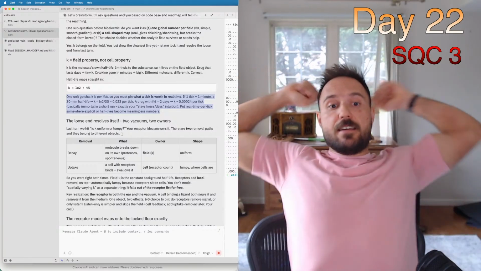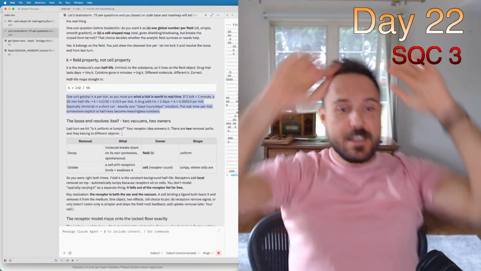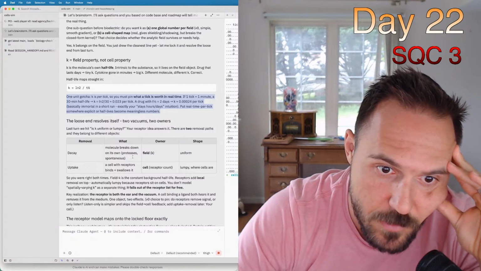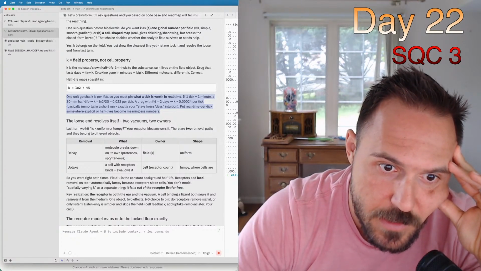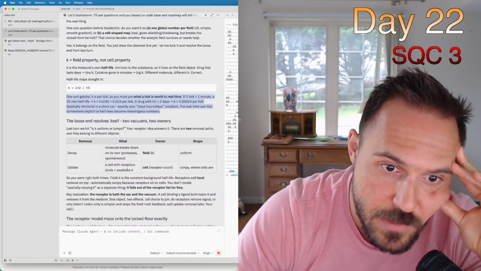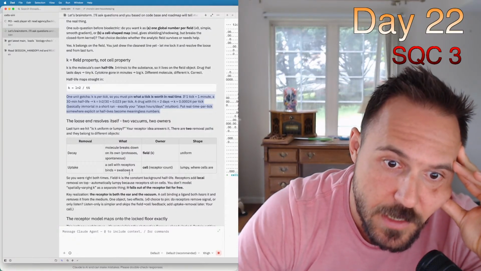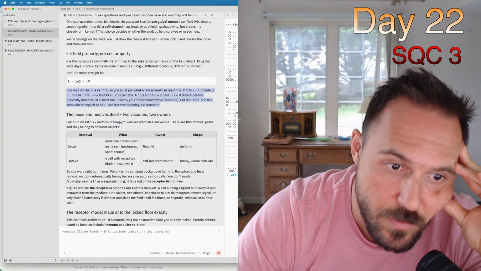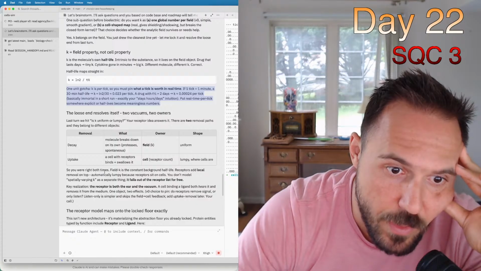Yes! Clip that. That's exactly what I mean. Decay: the molecule breaks down on its own, spontaneous, field K, uniform. Uptake: a cell with receptors binds and swallows it. Cell receptor count is lumpy, depending on where the cells are. Perfect. So you were right both times.